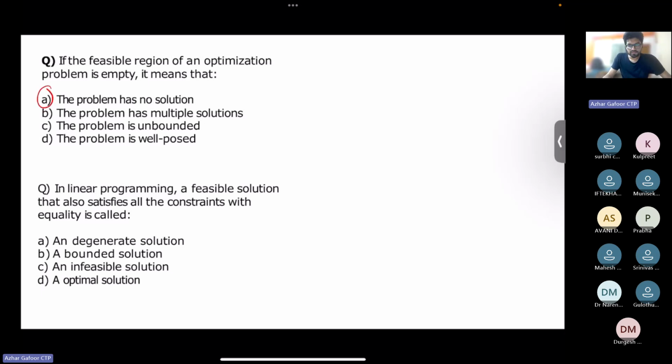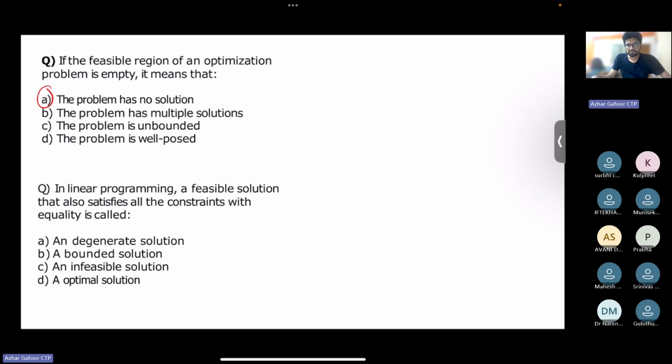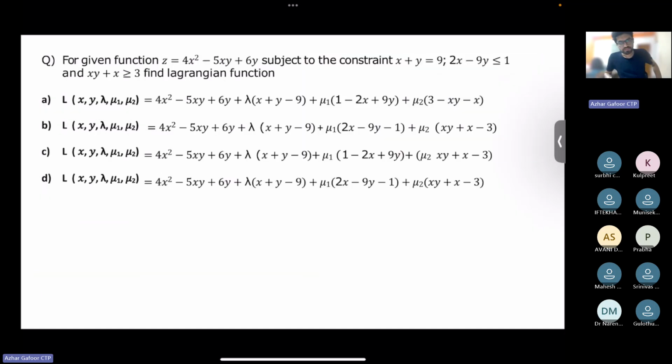For the first question, A is the answer, and for the second question, the answer is D. So one last question. It's about how we are forming the Lagrangian functions.